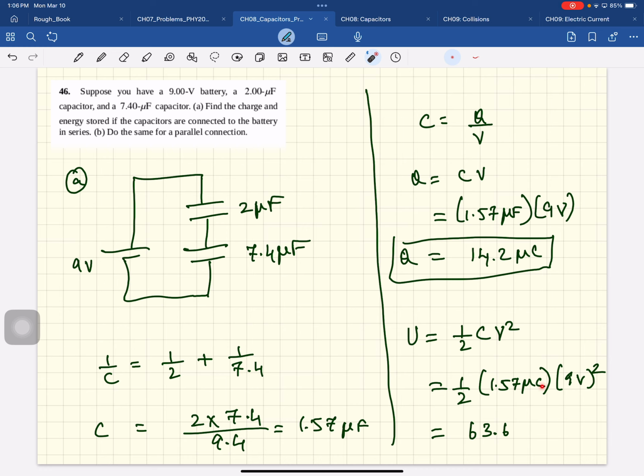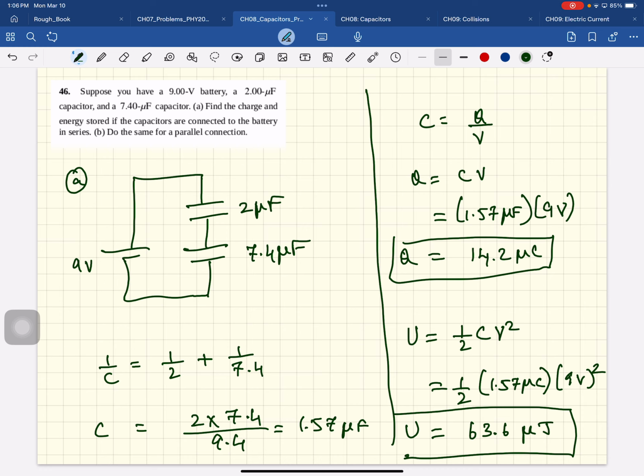Again, coulombs times volt squared is joules, so it's 63.6 microjoules. That's the energy stored in this series combination.